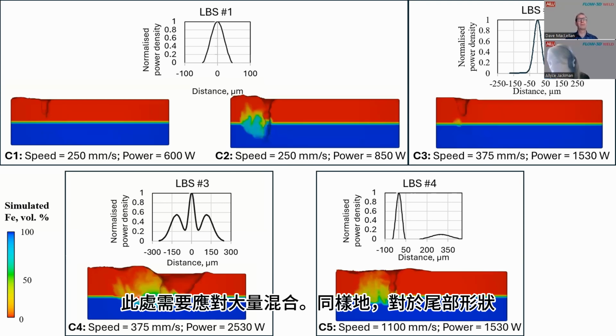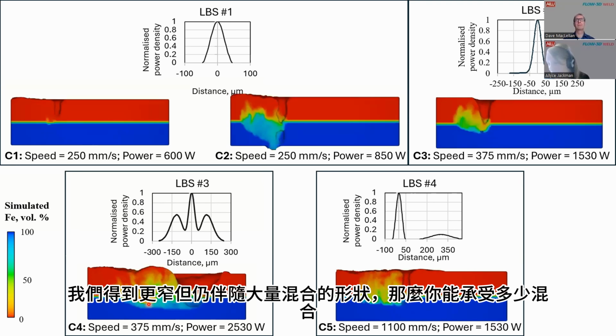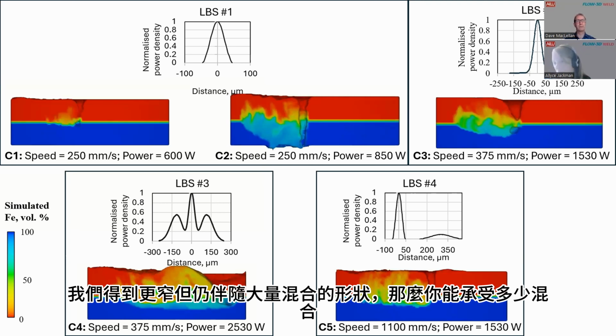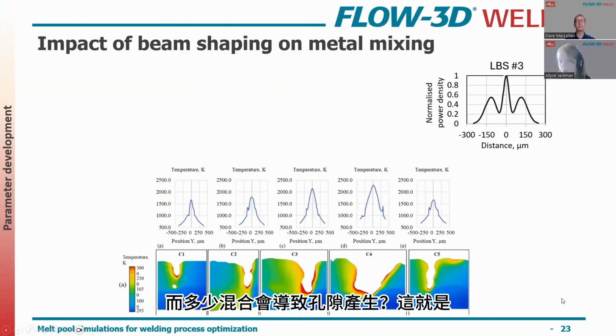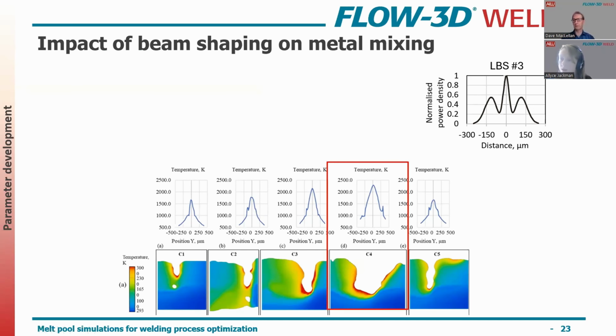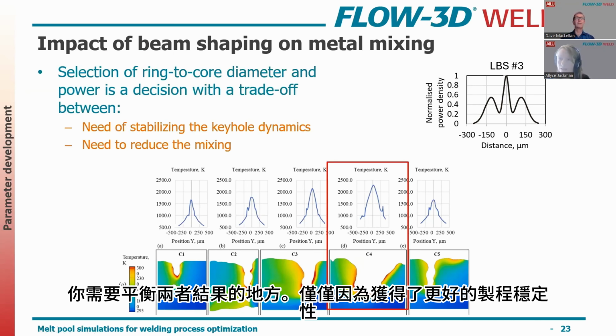The same with the tailed shape, we're getting more of a narrow, but still a lot of mixing. So how much mixing can you handle, and how much does that result in porosity, trying to reduce that mixing? This is where you need to look at balancing the two outcomes.